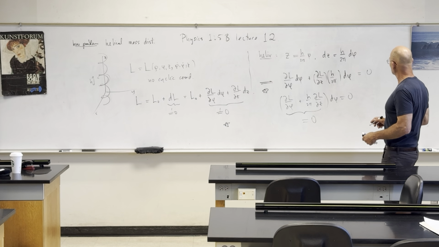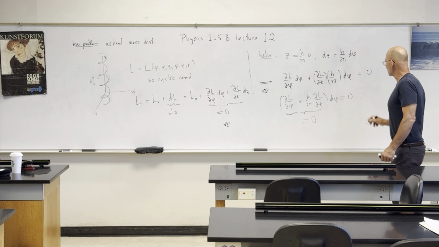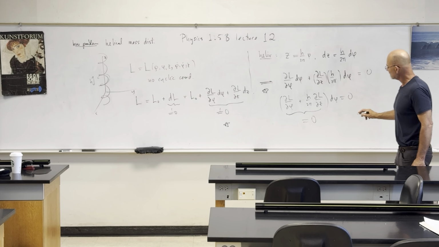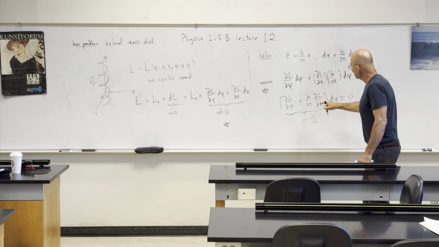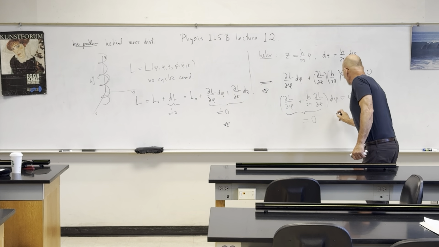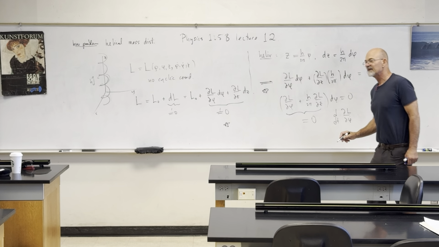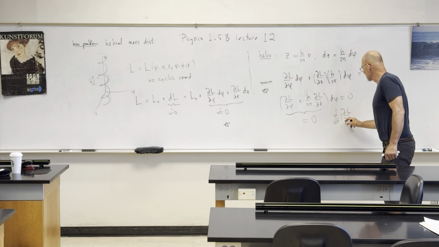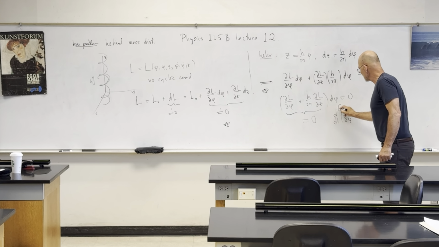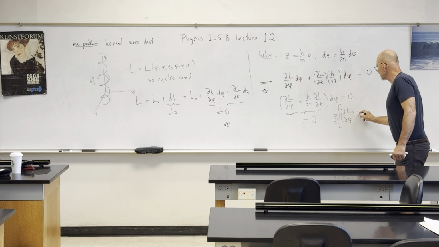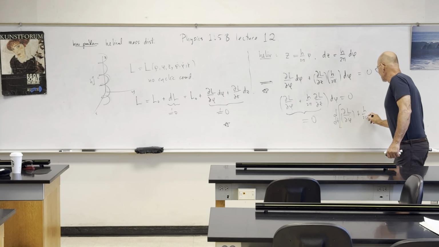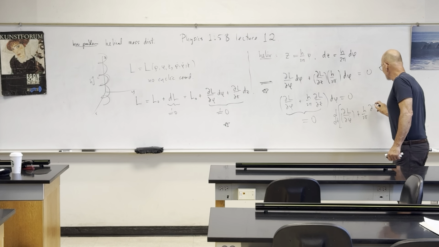And finally, a little more room here. The ∂L/∂phi is the complete time derivative of ∂L/∂phi dot, because that's the Euler-Lagrange equation. And I'm going to do the same thing for this ∂L/∂z. That's the complete time derivative of ∂L/∂z dot.